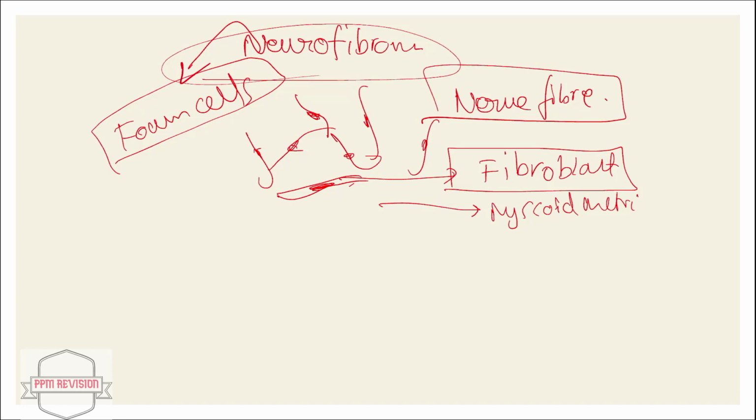The nuclei of the tumor cells are oval to spindle shaped, uniform size, occasionally pale staining, and the nuclei lie in parallel rows.